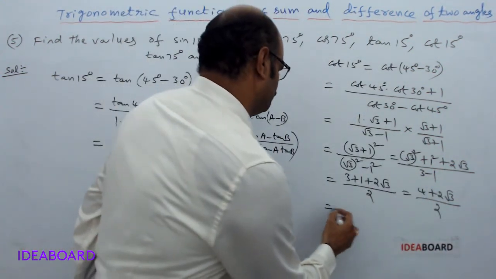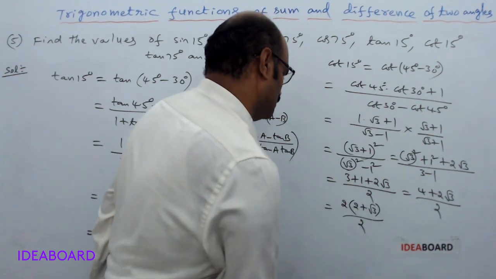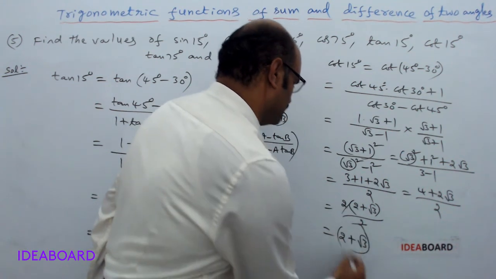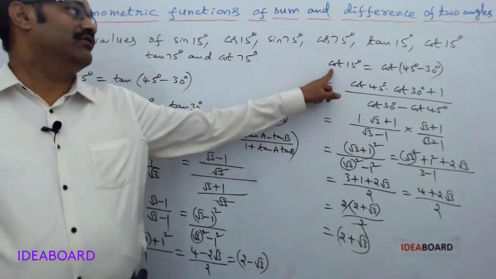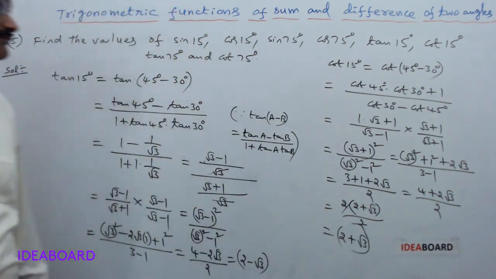Take 2 common: 2 into 2 plus root 3 whole by 2, the 2 cancels, equal to 2 plus root 3. Therefore, the value of cot 15 degrees equal to 2 plus root 3.